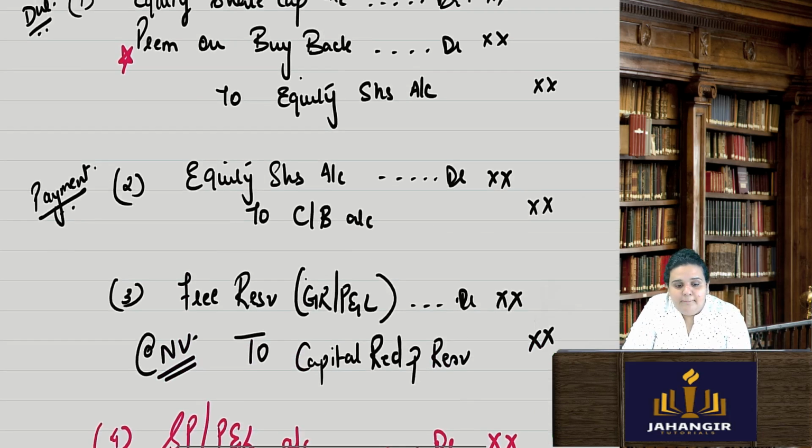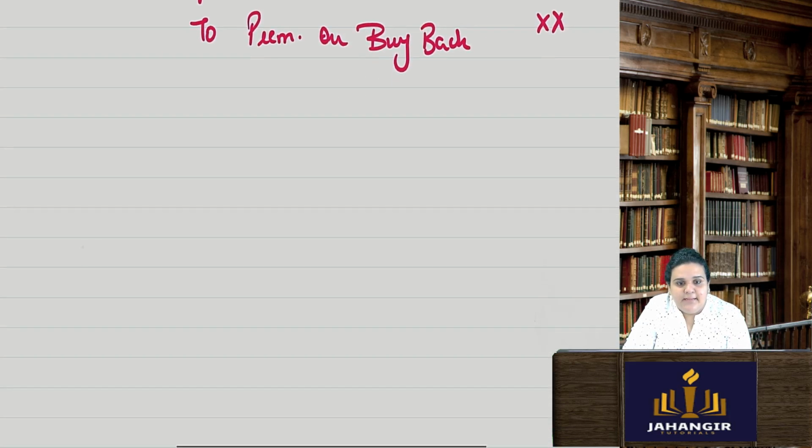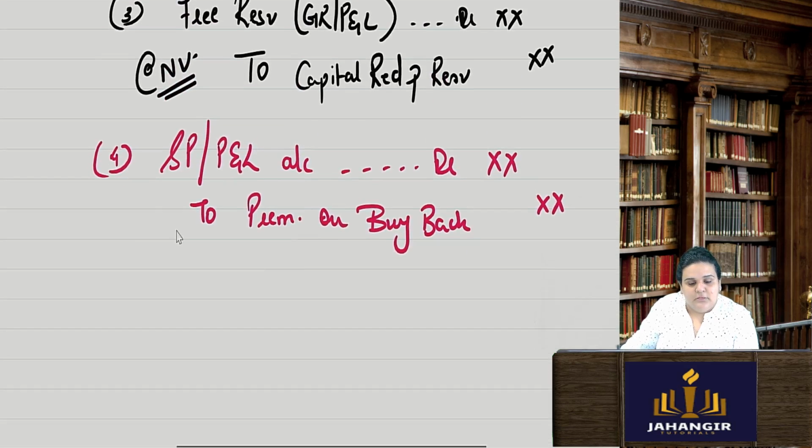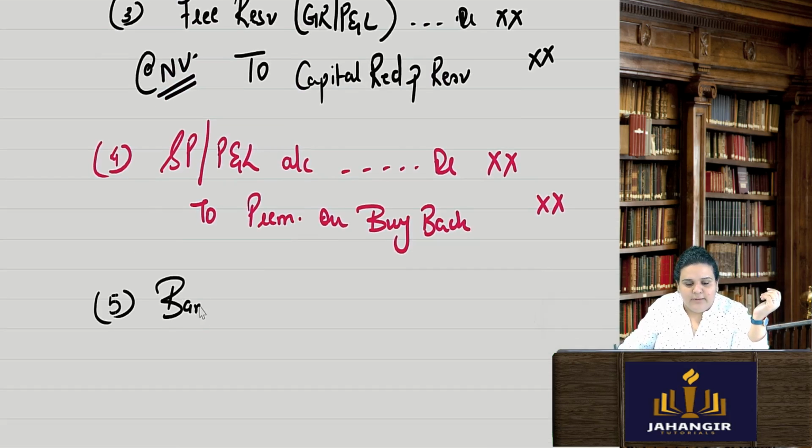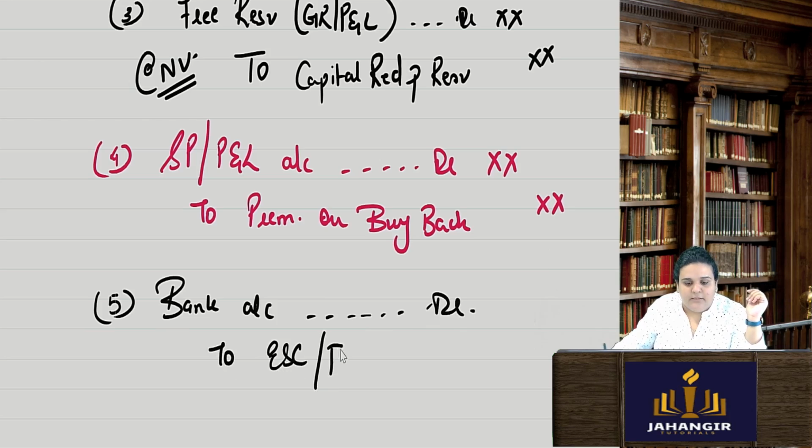But say suppose I am doing the buyback completely with the help of a fresh issue. I am not using my reserves. So if I am doing it from a fresh issue, obviously I am going to get some money in my bank account. So bank account debit to whichever fresh issue I have done, whether equity share capital or preference share capital, whatever would be my fresh issue.